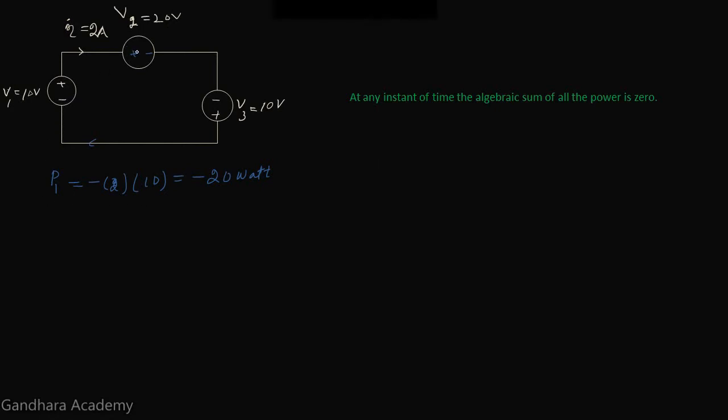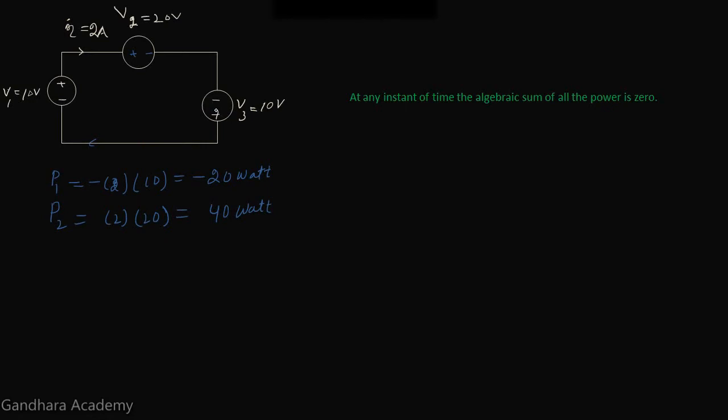And in case of the second component, let's say the power is P2 and is equal to: the current here is entering at the positive side and leaving the negative side, so the power in this case would be positive, the current through this component is 2 amperes, and the voltage across this component is 20 volts. So the power of the second component is 40 watts.